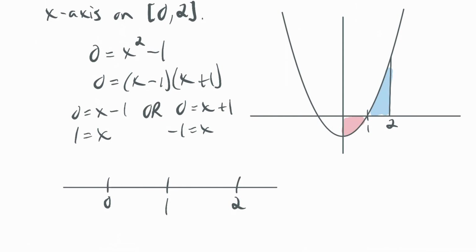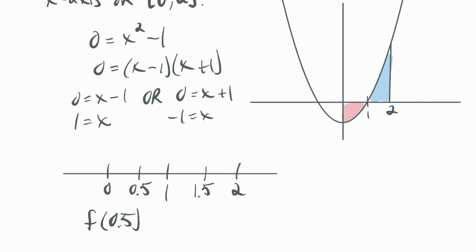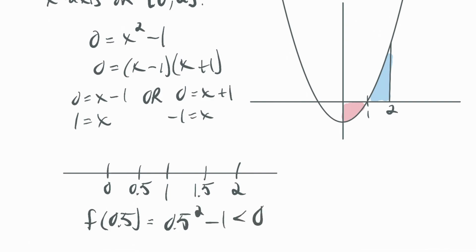So I can look at, say, f of 0.5 to check here, right? So this will be 0.5 squared minus 1, which is negative if you work that out, right? You'll have 0.25 minus 1 is negative 0.75. So you can go, yeah, this is a negative.